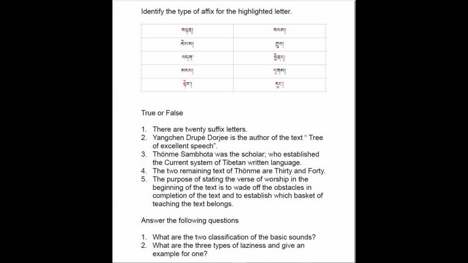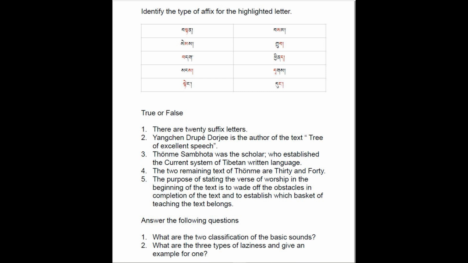Yangchen Dorje was a scholar in the late 18th century. He was also a very profound scholar, and he wrote a commentary on this text. So the text we're studying is written by Yangchen Dorje.